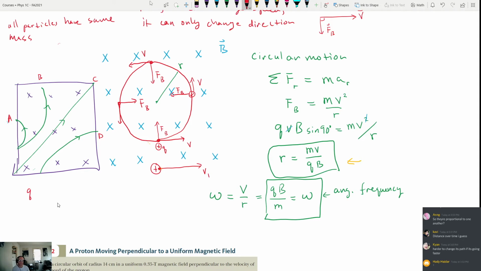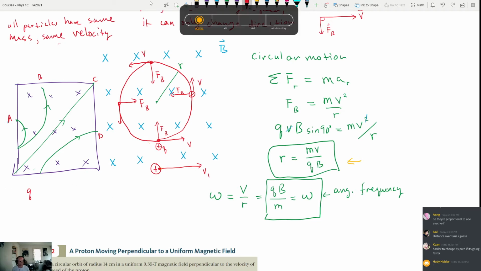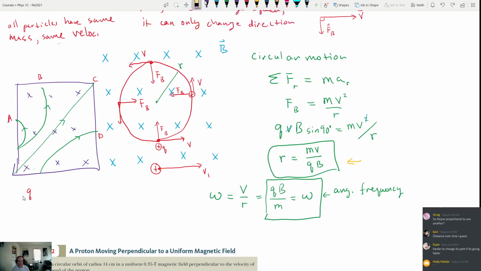In fact, we're going to have to say same mass and same velocity, just to be clear here. So same mass and same velocity for all the particles here. Can you rank the charges of the particles from most positive to least negative? Does that make sense? So we want to rank charge from most positive to least negative.